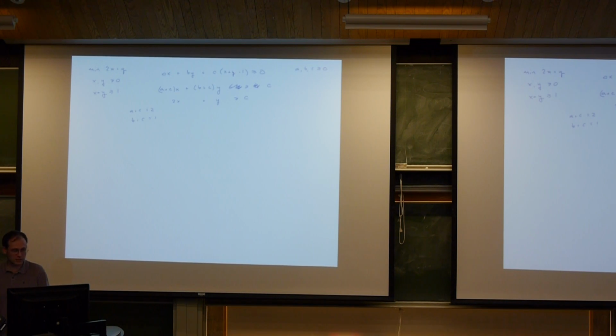For example, here I took the coefficient of x, whereas in the previous one I took the derivative of the Lagrangian with respect to x. The Lagrangian had this, so the derivative was going to be this 2 and this a plus c, and setting that derivative to 0 was setting 2 equal to a plus c. So it's exactly the same sequence of mathematical operations. It's just that the reason you're doing them is slightly different, but equivalent.